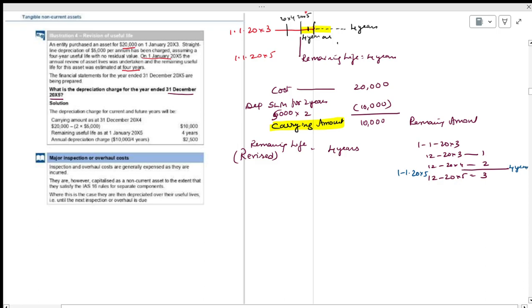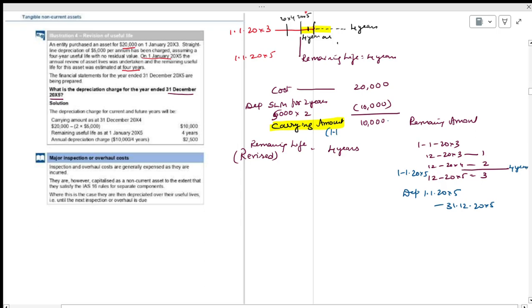Now we have to calculate the depreciation from 1/1/2005 to 31/12/2005. The remaining life is going to be how many years? Now what is the carrying amount? This is the carrying amount of 1/1/2005. Why is it the carrying amount?